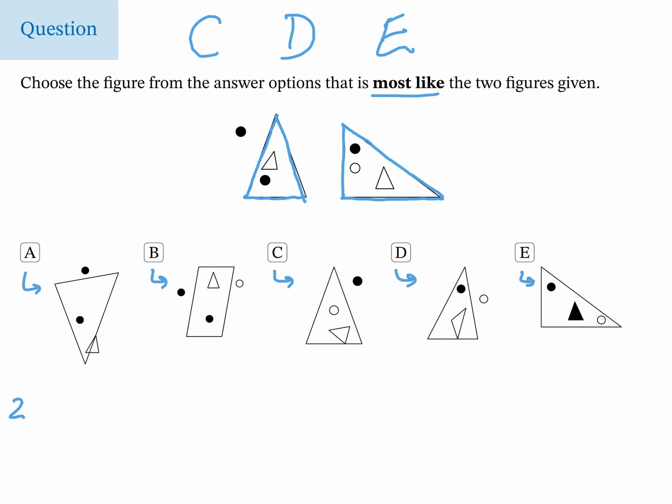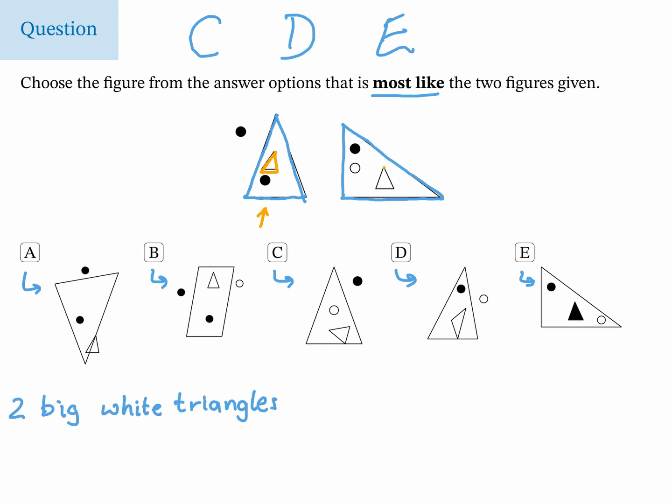So I'm going to make a note of that. 2 big white triangles. Next thing I want us to notice is that there's shapes inside and outside, in some cases, the two triangles that we've been given, or the two figures that we've been given. So looking at the first figure, we notice first of all that there's also a little white triangle inside.